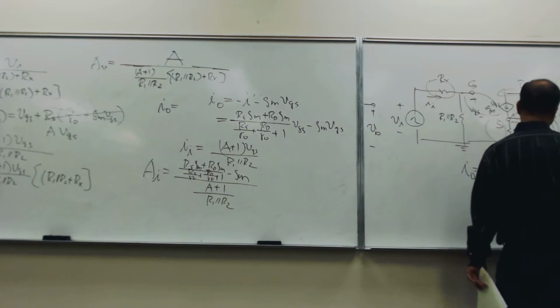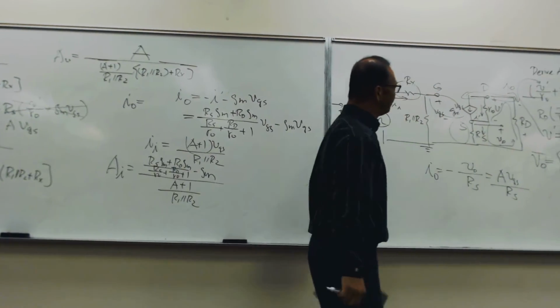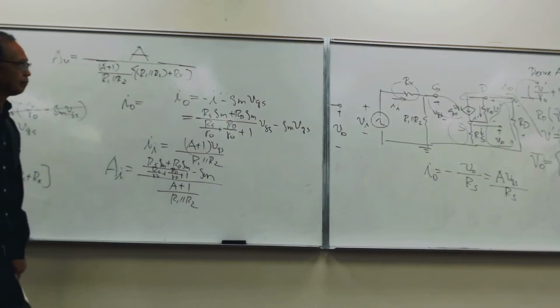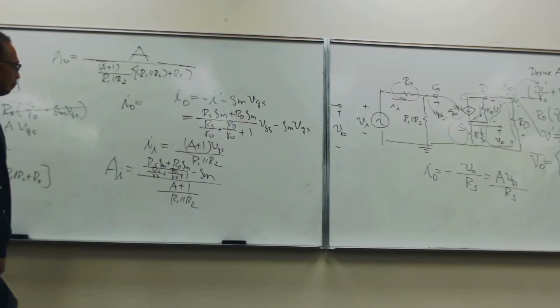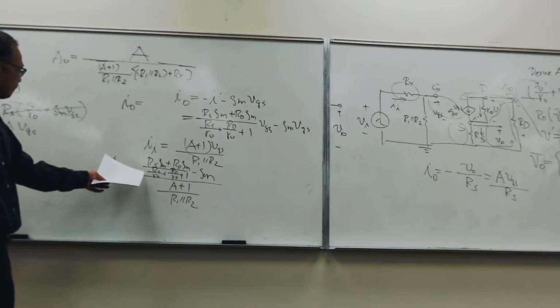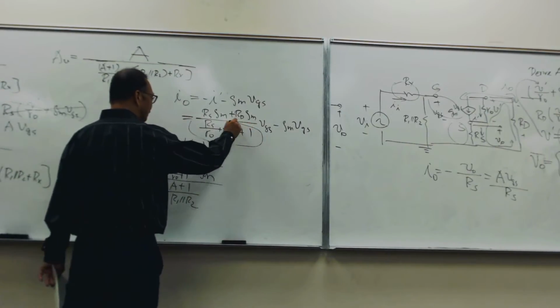Instead of here. Yeah. But the concept is the same. No question? Yeah? In your A sub I equation, on the top of the main fraction, what is the bottom fraction? The bottom right here? Yeah. The bottom is the same as here.